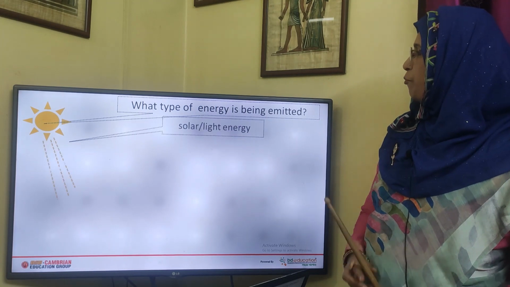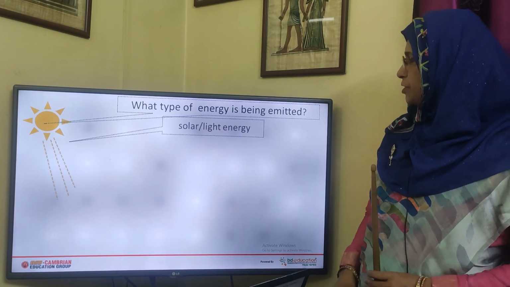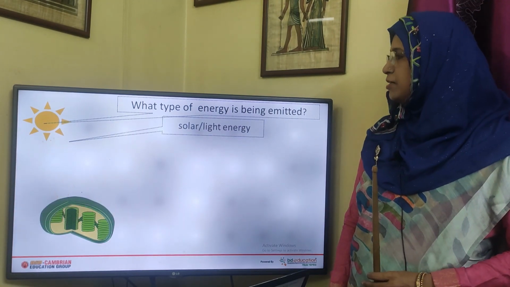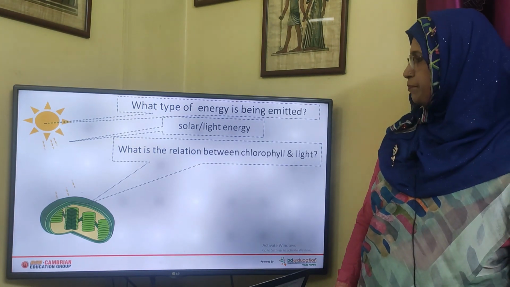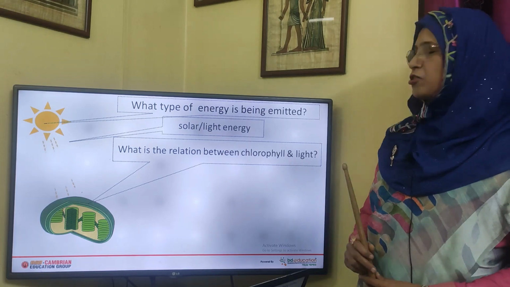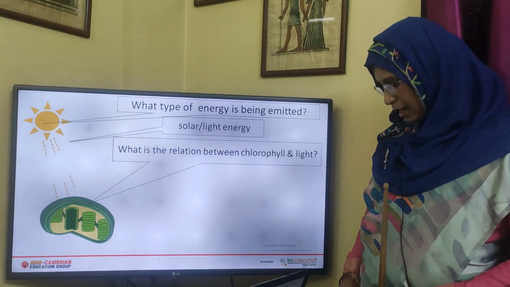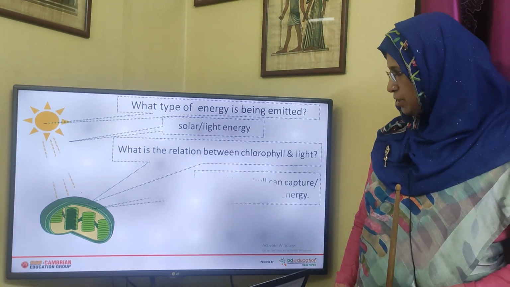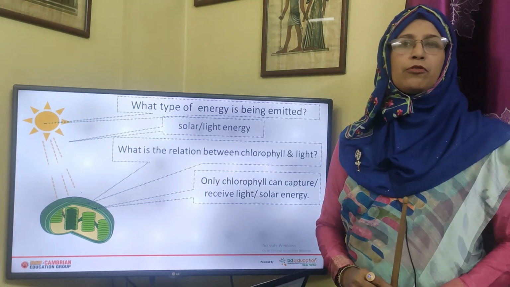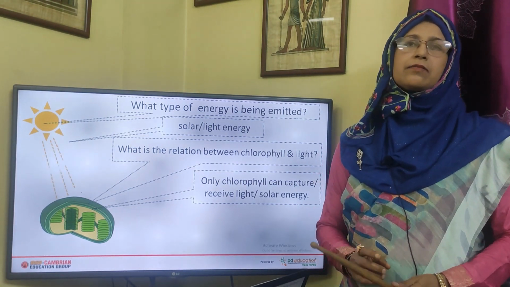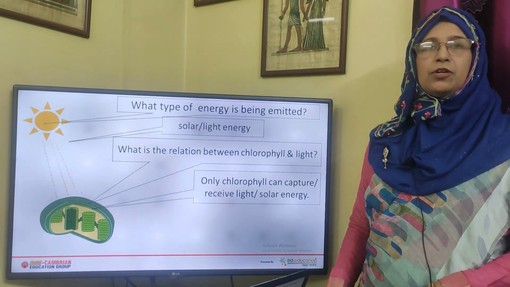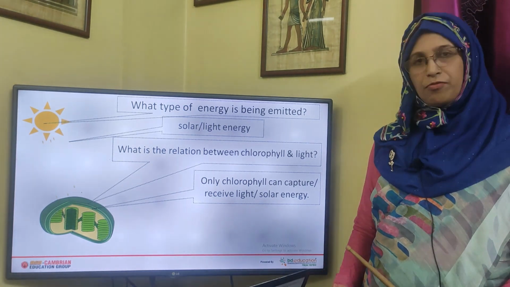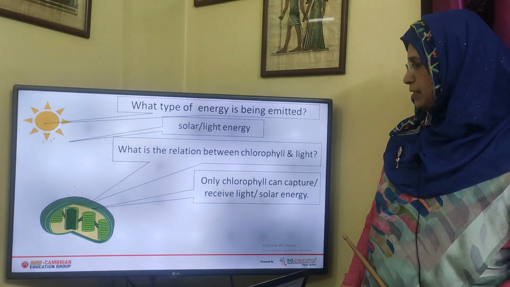Now see, what type of energy is emitted from the sunlight? Solar energy or light energy. But what is the relation between chlorophyll and light? Only chlorophyll molecules can absorb or capture the solar energy from the sunlight. That's why chlorophyll is very essential for photosynthesis.